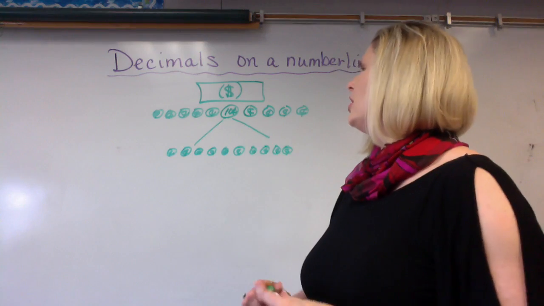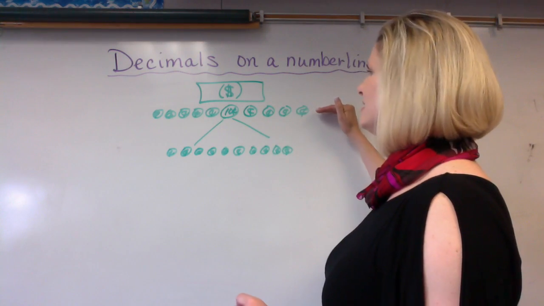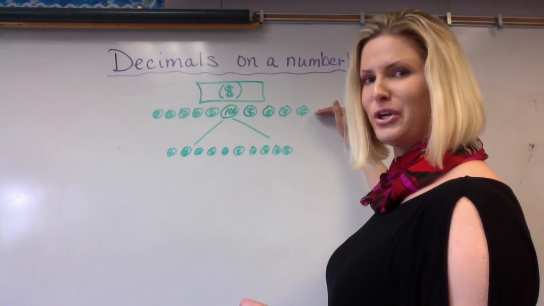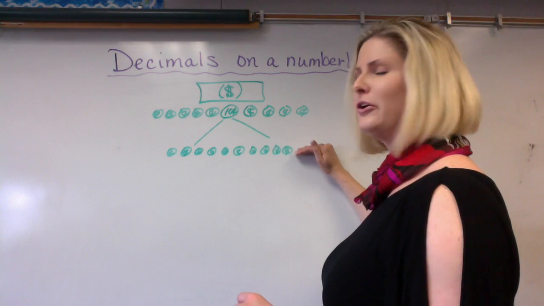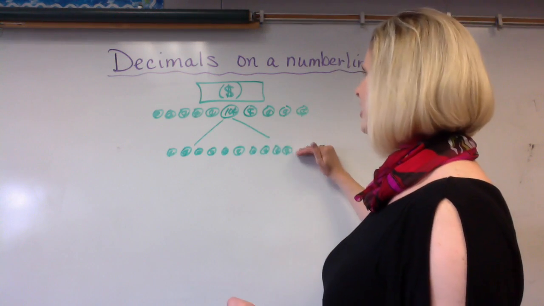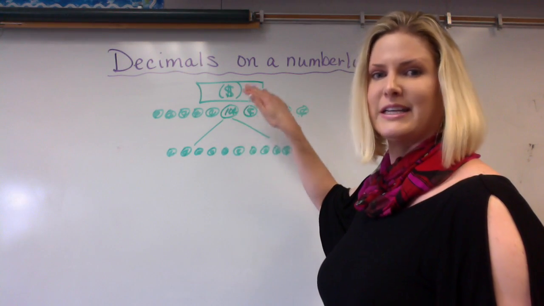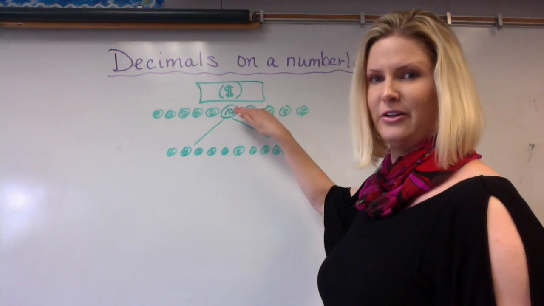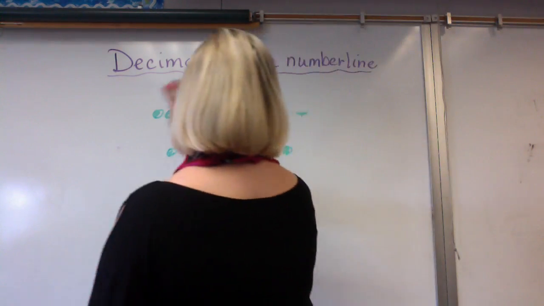Okay, so we've got our whole dollar, and then we've got dimes, which are not quite a dollar, but if we put enough of them together, we could equal a dollar. And then we've got an even smaller part of our dollar, which are pennies, and it takes 10 pennies to equal that dime. It takes 10 dimes to equal that dollar. All right, so keep that in mind while we're talking about decimals on a number line.